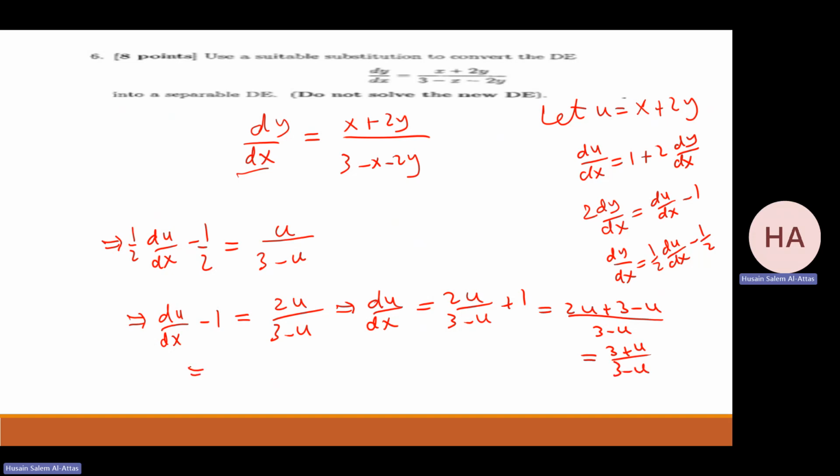So I'm getting du over dx equal 3 plus u over 3 minus u. The question doesn't want us to solve it, just change it to separable, which I can rewrite as (3 minus u) over (3 plus u) du equal dx, which is separable now.